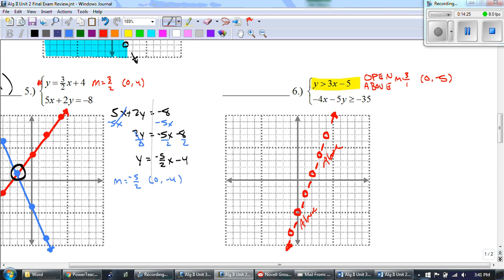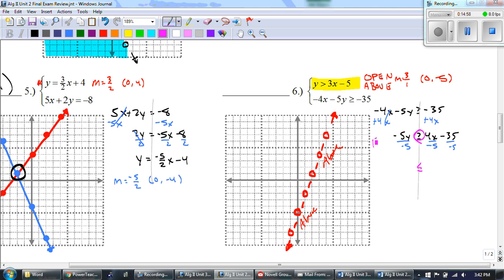Now, once again, we have to solve our second inequality. So I'm going to add the 4x to the other side. Don't forget that that's negative. It's -5y greater than or equal to 4x minus 35. And then when I divide by a negative, I have to flip.